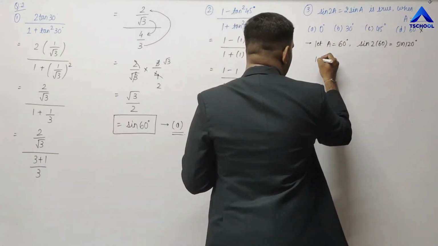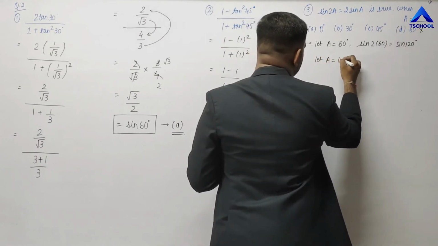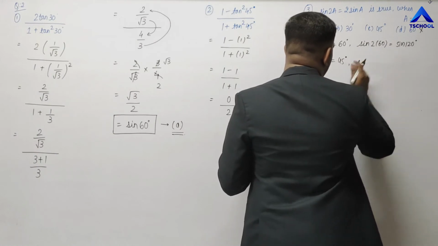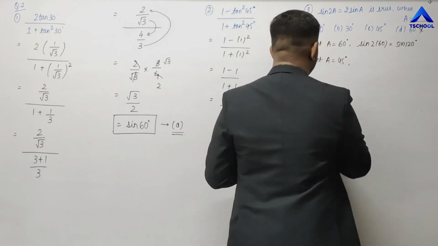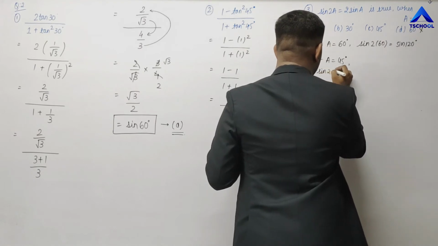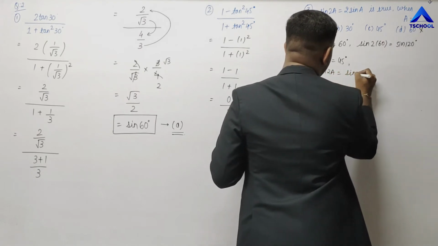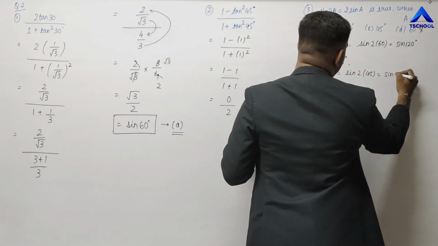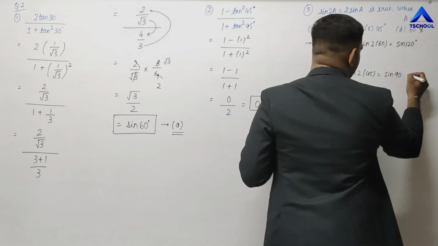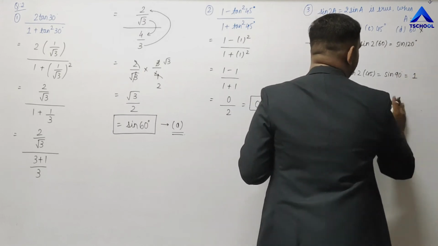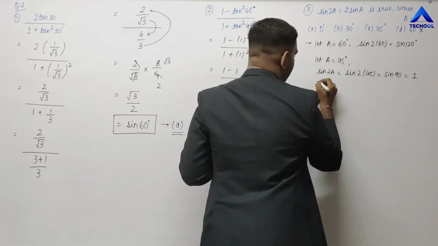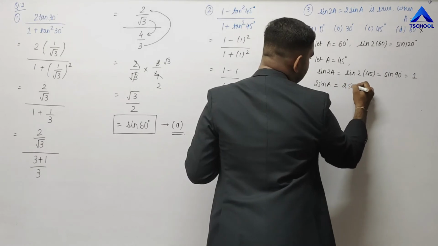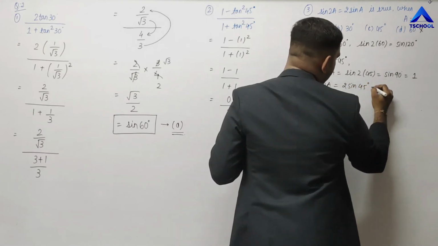Then let a equal to 45 degree. So here we get LHS, sin 2a, that is sin 2 into 45, which is equal to sin 90 degree, and sin 90 is 1. We shall find out 2 sin a, which is 2 sin 45 degree.